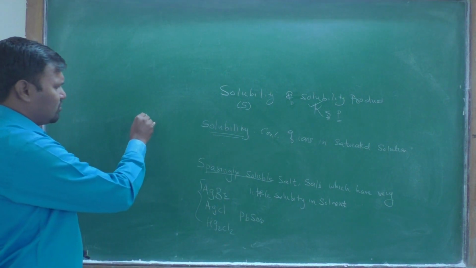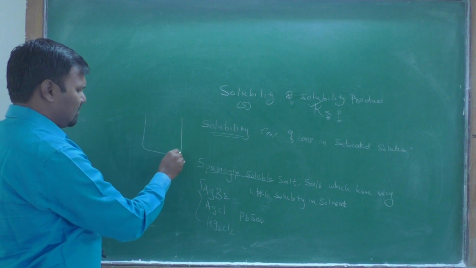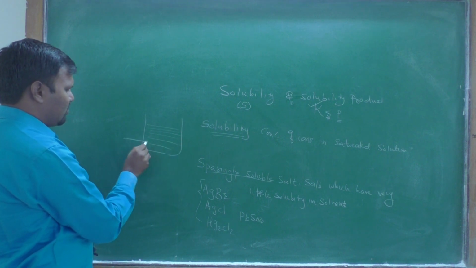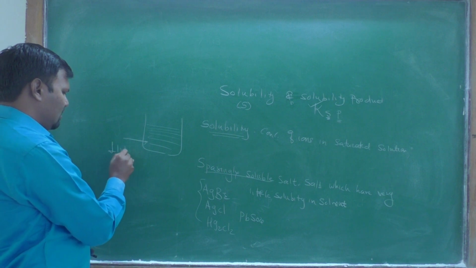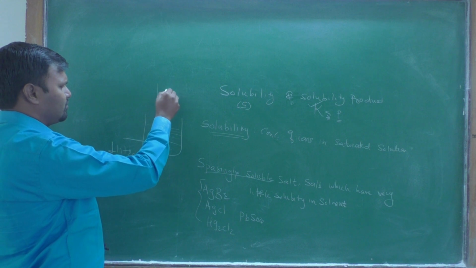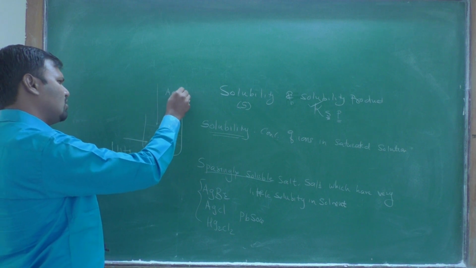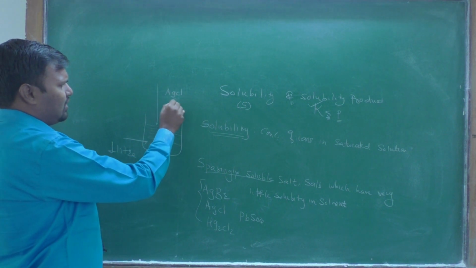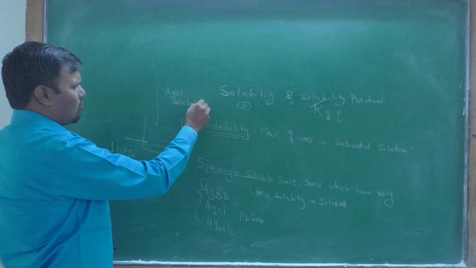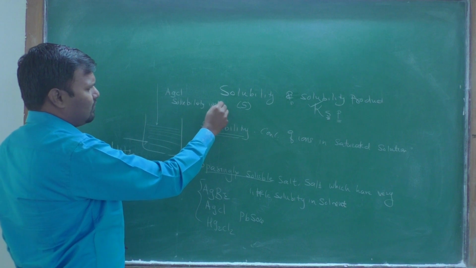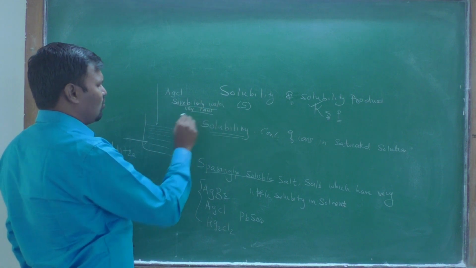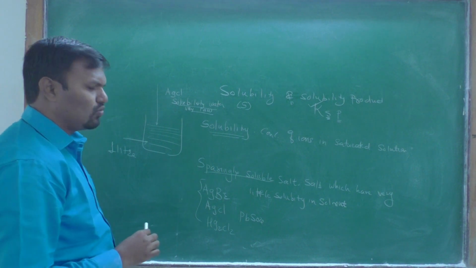Suppose we have 1 liter of water and you are adding any salt. If we use a sparingly soluble salt, its solubility is very low. AgCl solubility in water is very low, and a substance with low solubility is called a sparingly soluble salt.